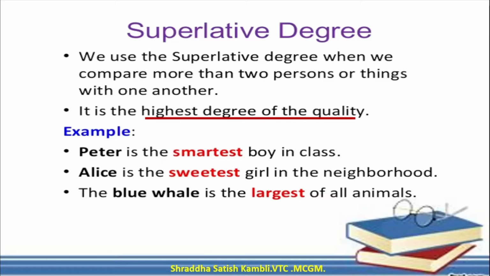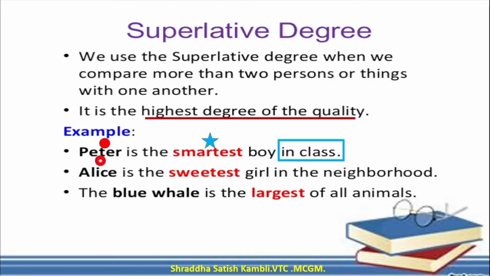Let us take some examples. So Peter is the smartest boy in the class. So in the entire class of say 20 or 30 children, Peter is the smartest boy. Okay? So see, we have called him the smartest.